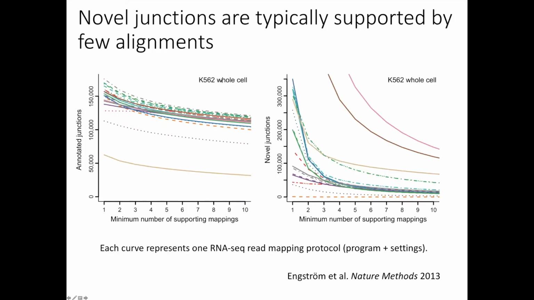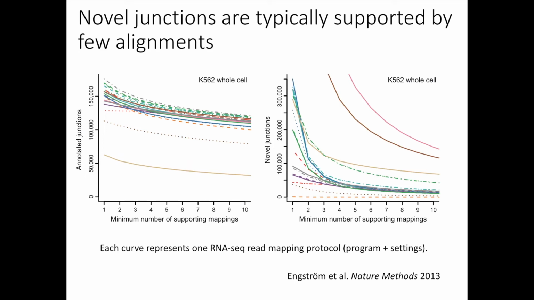Okay, so this is another thing that is sort of this ongoing thing, and I was trying to talk about this in the first lecture in biology: what kind of junctions do you find when you map reads?